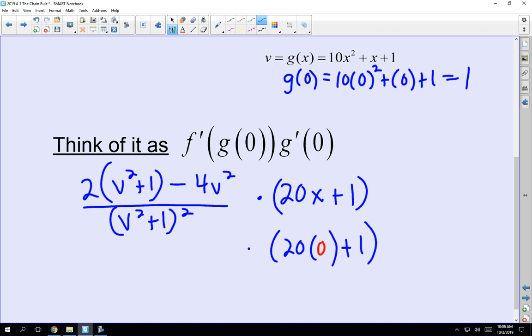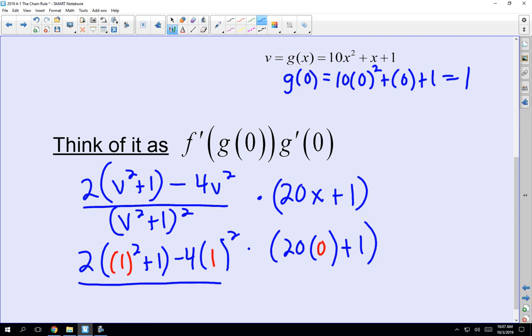F prime of g of 0, so g of 0 is 1, so I just put a 1 in everywhere you see a v. 2 times 1 squared plus 4 minus 4 times 1 squared all over 1 squared plus 1 squared. So there it is. And then you just evaluate it.